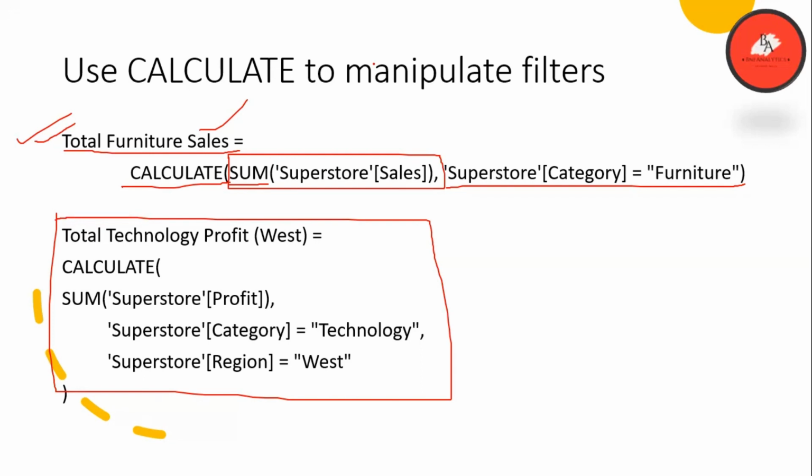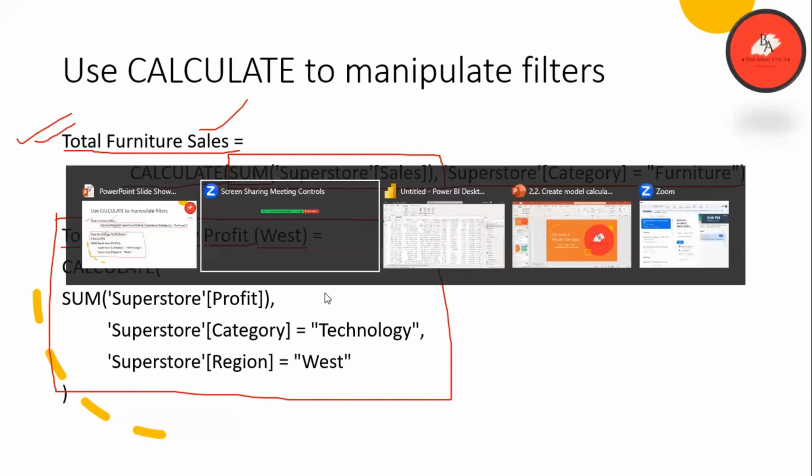See, total technology profit. One thing is the technology. Second thing, I need West to be there. So according to two things, I need to categorize it, I need to filter it out.